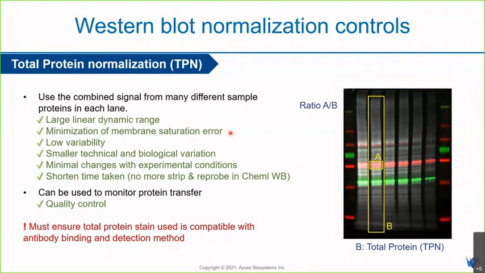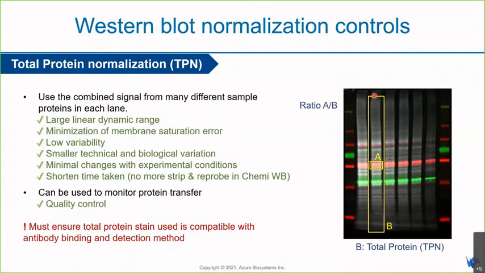This method also has a smaller technical variation because you are quantifying multiple bands in a single lane. So lane to lane comparison right now will be more accurate. You will avoid the lane to lane variation.